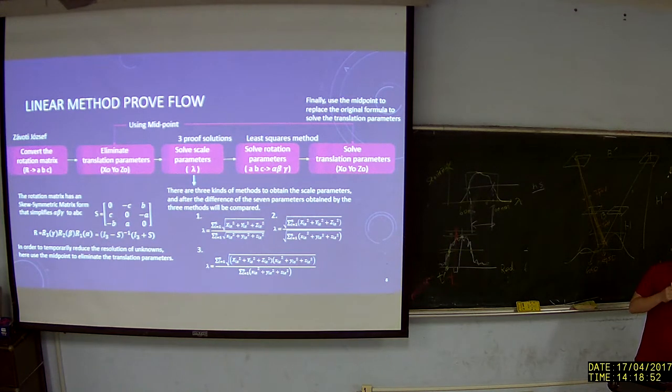After I talk about the differences of the 7 parameters obtained, they will be compared. Then, with the scale parameter obtained, we solve the rotation parameters using the least squares method.